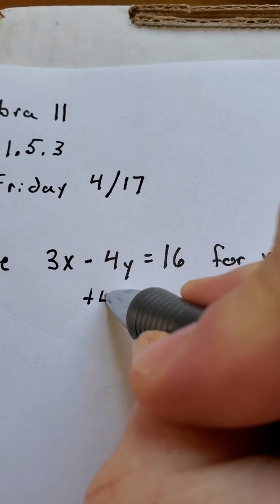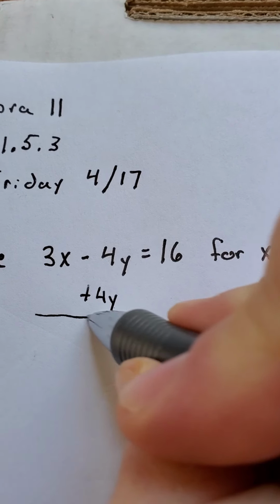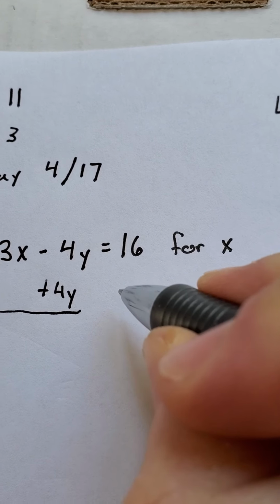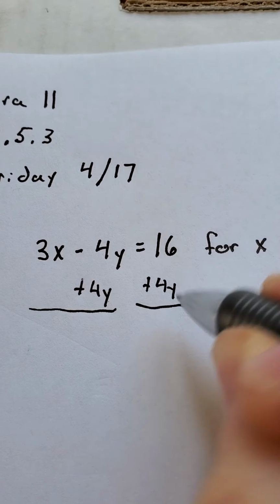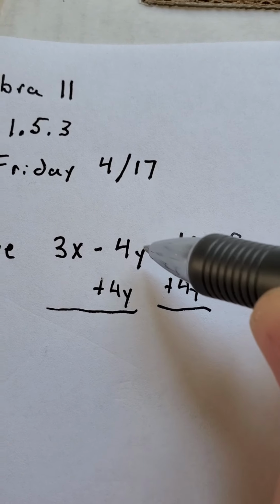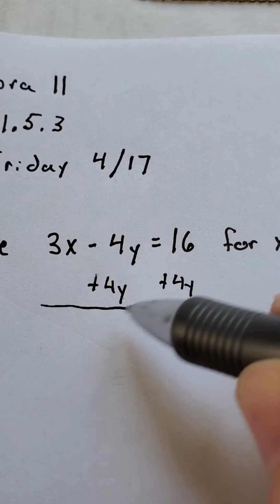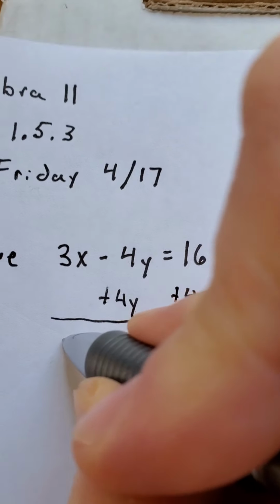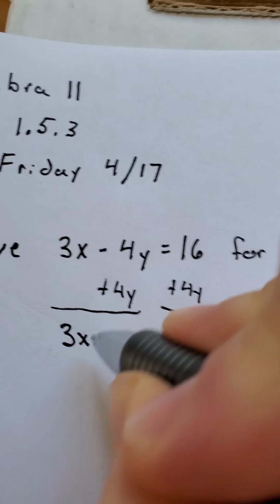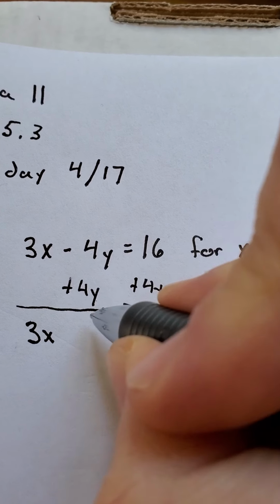So we add 4y to this side, and we add 4y to this side, to the right side. On the left-hand side, these will cancel and go to 0. And so the 3x just comes down by itself. The equation then just drops down.